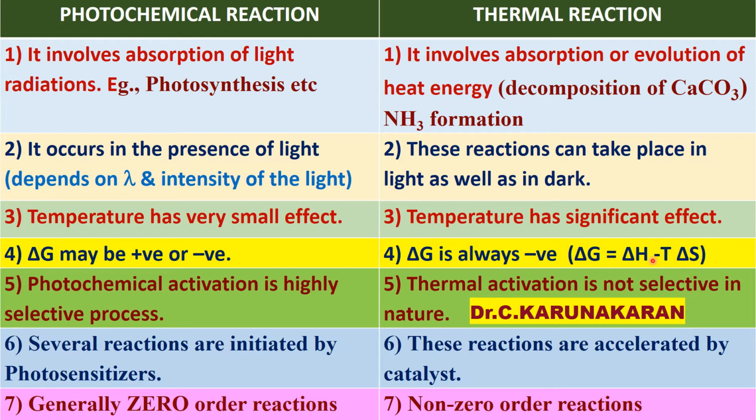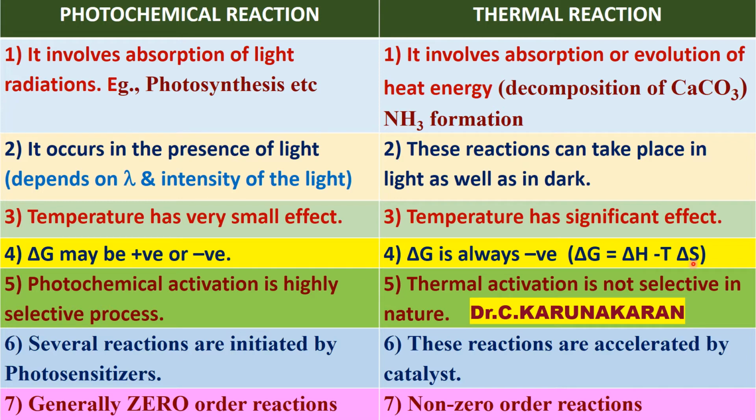See, exothermic or endothermic, this is different. Delta G, exergonic, endergonic, this is exergonic, this is exergonic, this is endergonic. So for example, delta H may be negative.